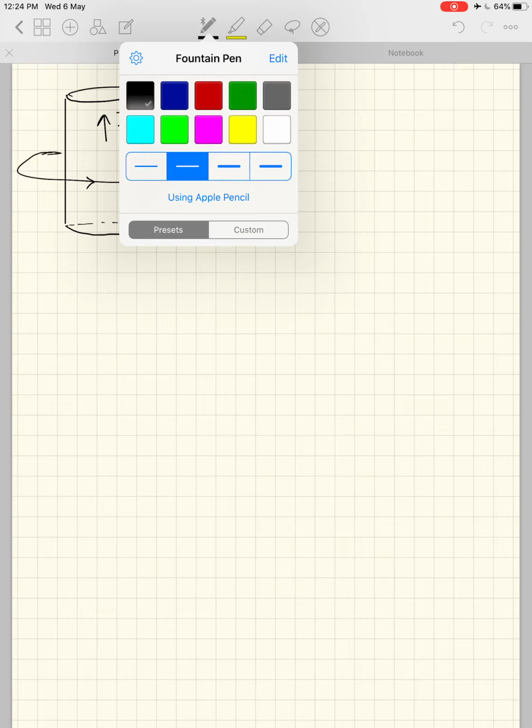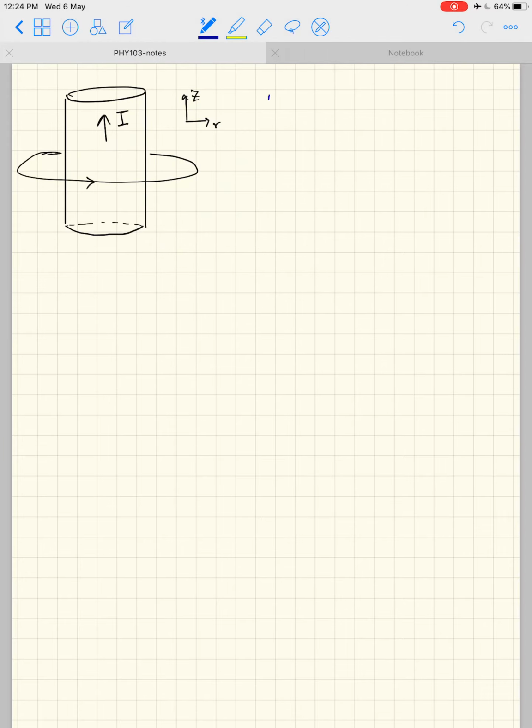So the magnetic field due to a uniform current in a wire is just given by Ampere's law.